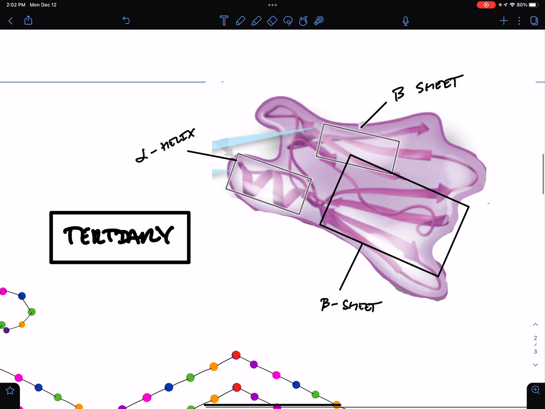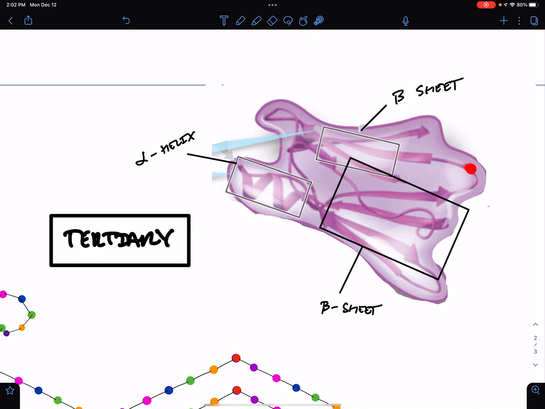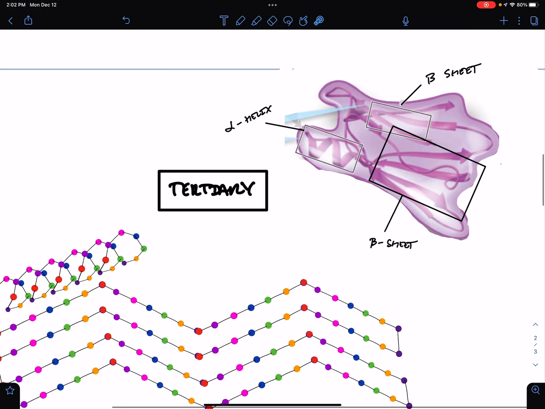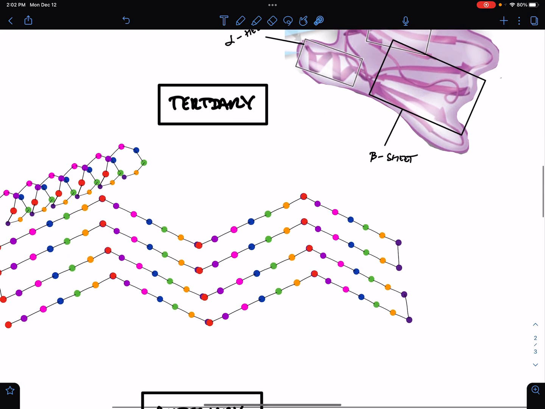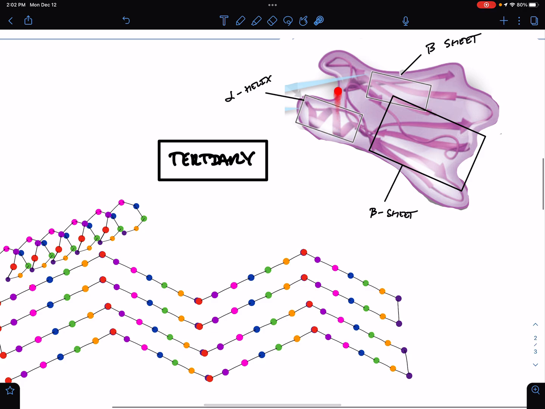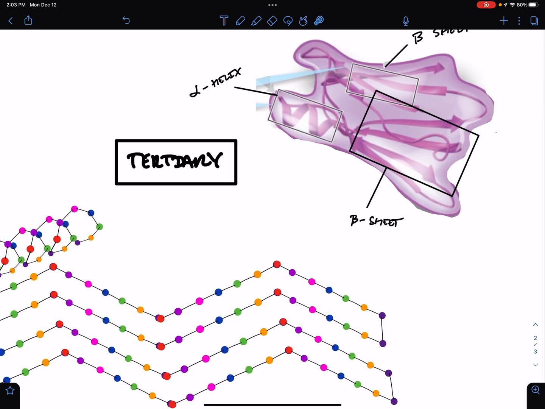And then in between these beta sheets and alpha helices are other folds of the amino acid. So what this picture is lacking is this idea that all of these squiggles are actually different amino acids joined together by peptide bonds. But the more complicated folding structure is held together by these bonds.